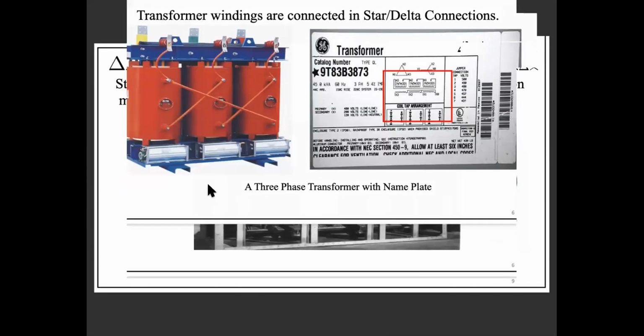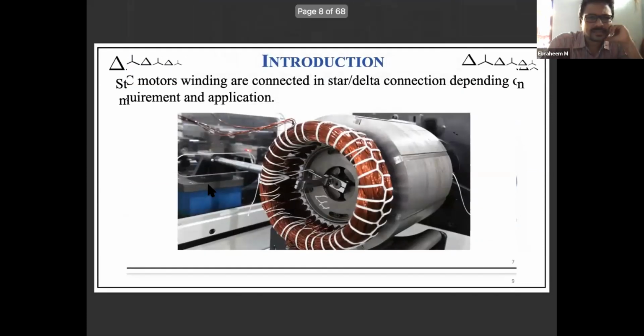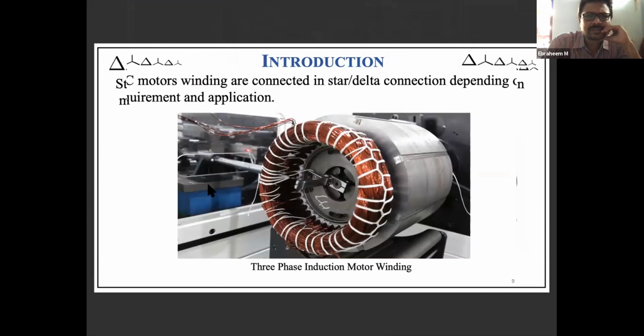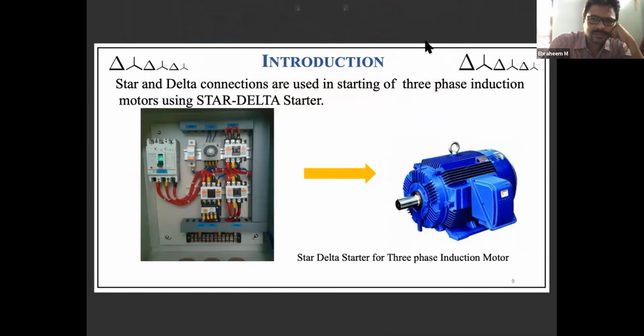So different applications are there. AC motor windings are connected in star-delta connection depending upon requirement and application. I want to stop this presentation here and explain to you what is a star-delta connection.